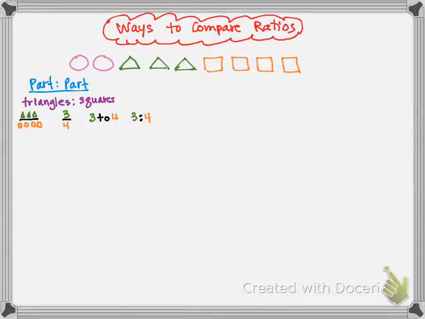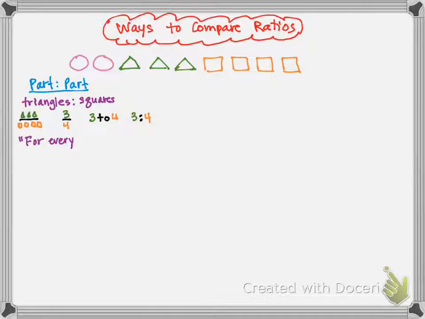Now, how do I explain what this means? What you see in purple is going to be kind of a frame, and what you see in colors matches what we have going on in this particular comparison. So for every, and then we're talking about the first word, the triangles, and we look at our ratio, and it's simplified.